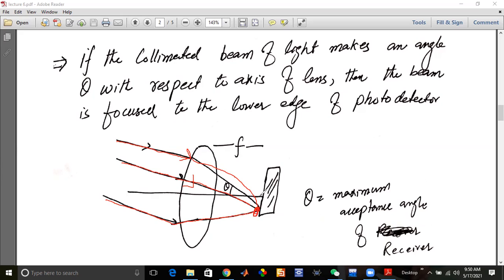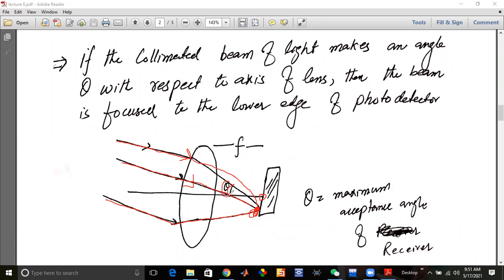It means that in the previous figure all the rays were concentrated at the center. Now they are not in the center. They are some distance away from the center, as the ray makes angle theta with the x-axis.